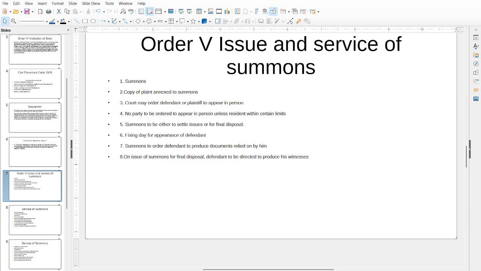So the court shall decide the reason why it is asking the defendant to come personally, and the summons should contain a direction accordingly.